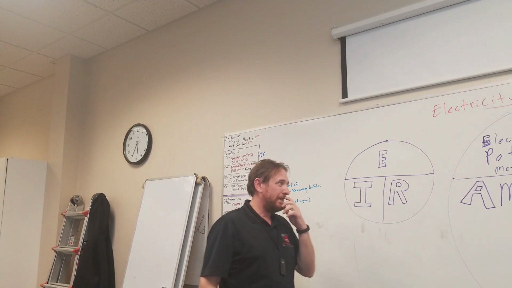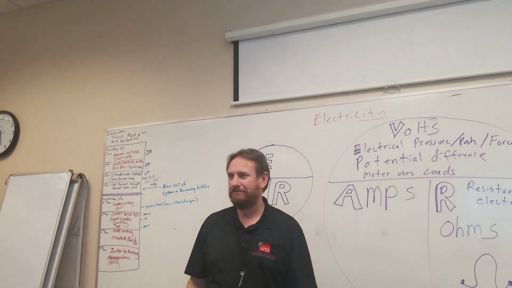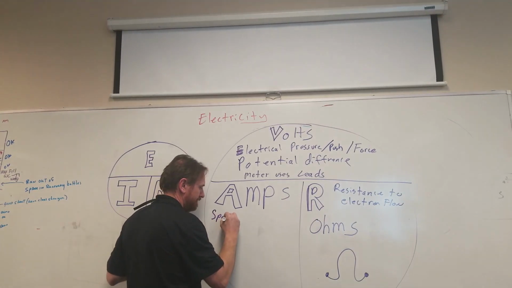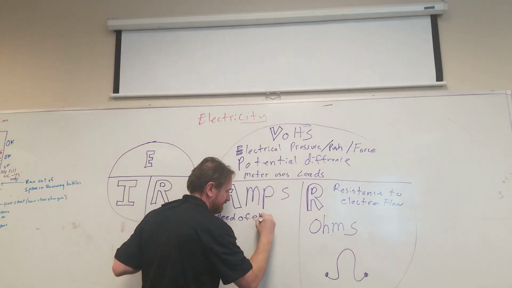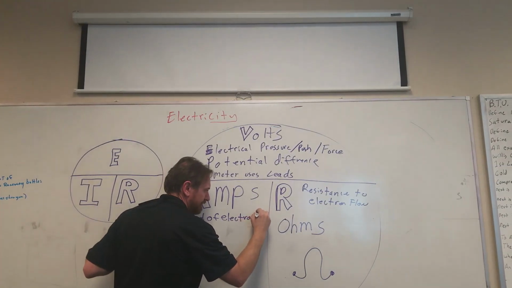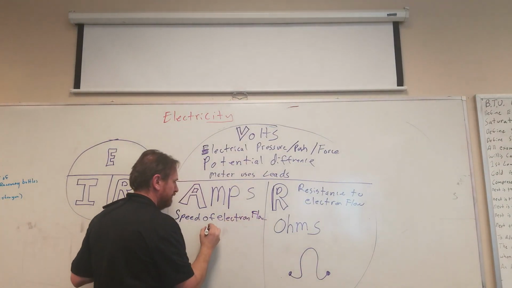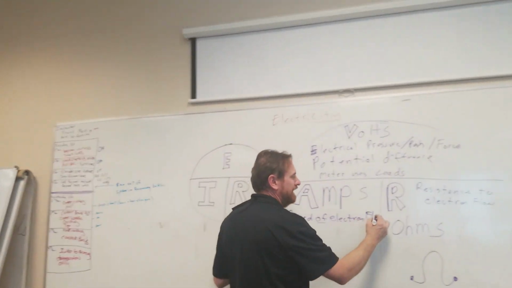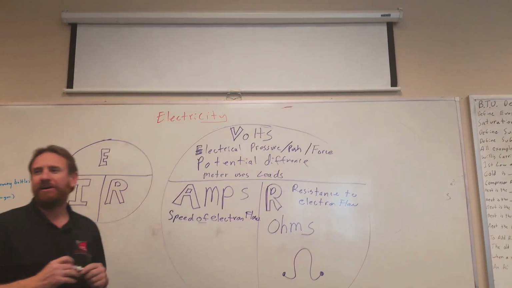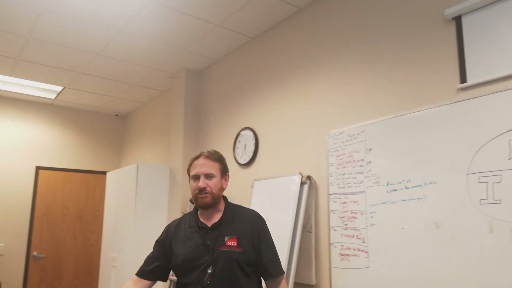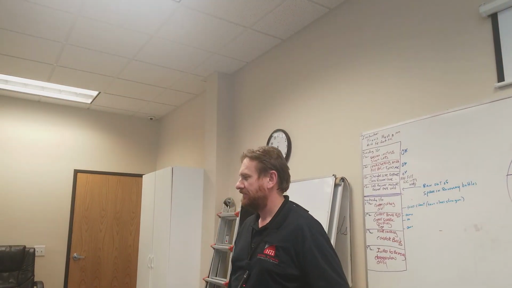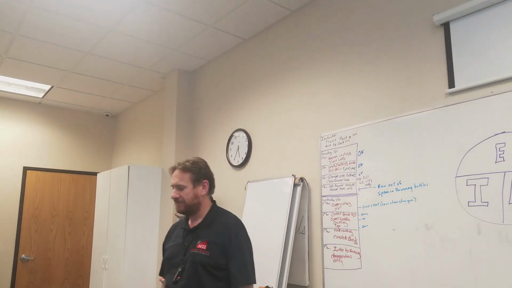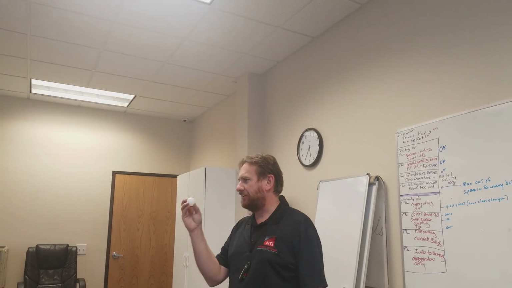Amps is the speed of electron flow. How fast those electrons are flowing. The speed of electron flow. Right? How fast is the electron flowing now?